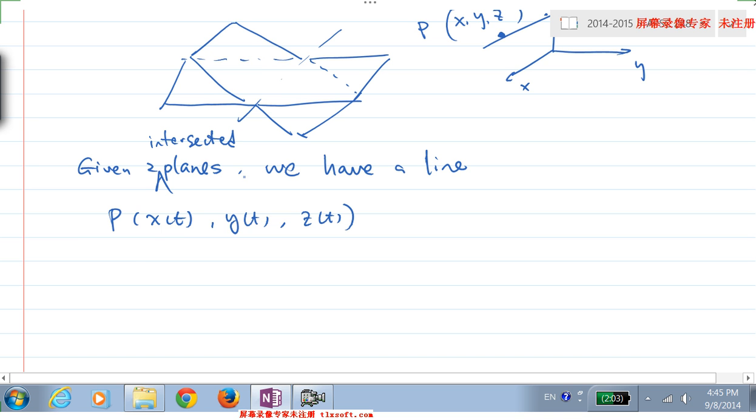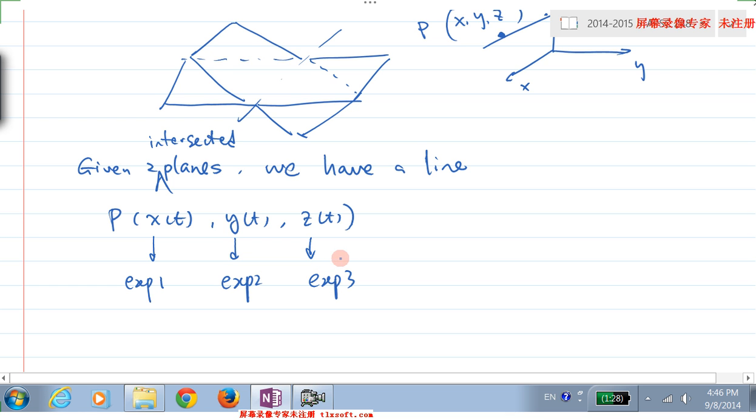We want an expression for each one of them: expression 1, expression 2, and expression 3, all functions of t. Given a different t value, you will have a different x, y, z value. So we get 3 expressions all in terms of t.